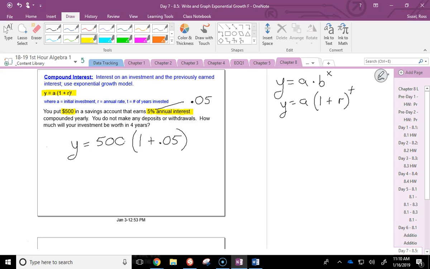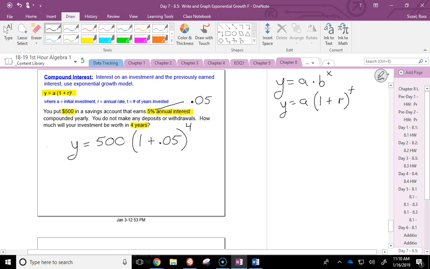This is saying you do not make any deposits or withdrawals. How much will your investment be in 4 years? So my time was to the 4th power. Once again, what this is telling me is I initially put in $500. I have to take it times 1 because I get 100% of that $500. When I take it out, I have 100% of that $500.